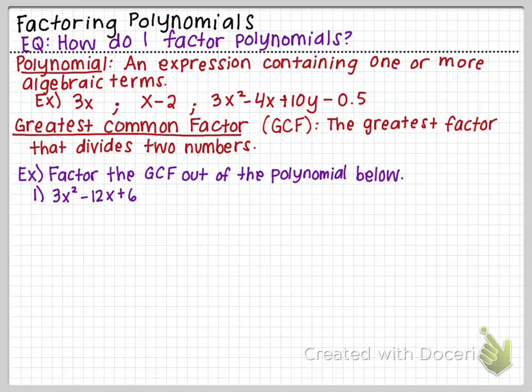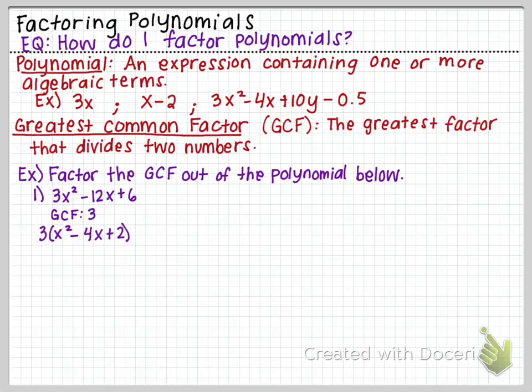So if I gave you 3x squared minus 12x plus 6, and I said factor out the GCF, or even if you were to just start here, the first step that you do is you take out a GCF. The GCF here is 3, so we're going to take a GCF out of 3, and what are we left with when we divide each term by 3? x squared minus 4x plus 2, right?